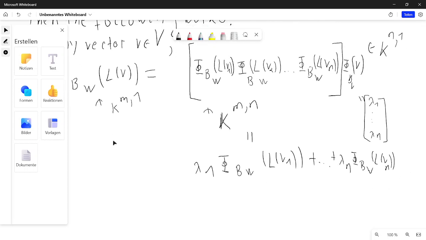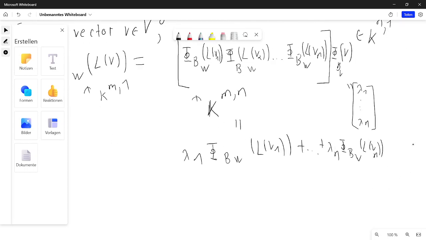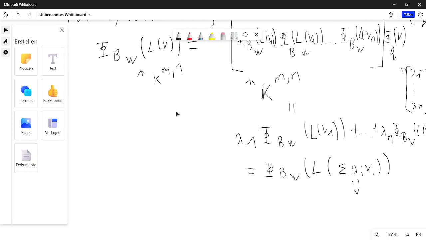And that is equal to, using linearity of both of the maps, L of the sum of lambda_i v_i, which is exactly L(v). So indeed, we have that thing here.